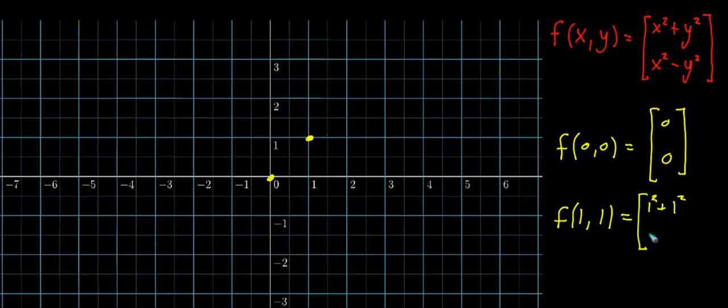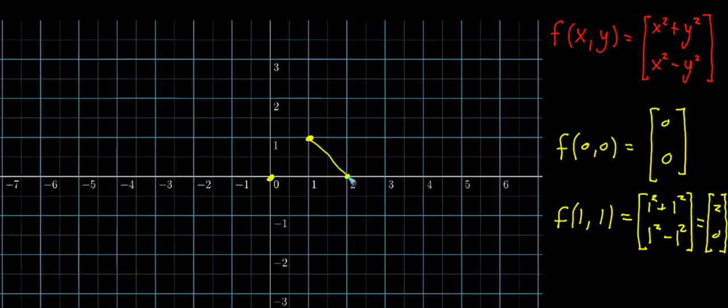And then the bottom, x squared minus y squared, 1 squared minus, whoops, minus 1 squared. I'm plugging things in here. So that's (2, 0). Which means we expect this point to move over to (2, 0) in some way.